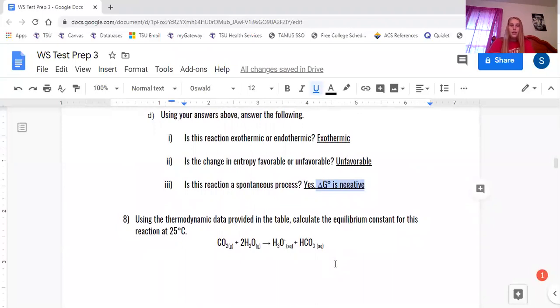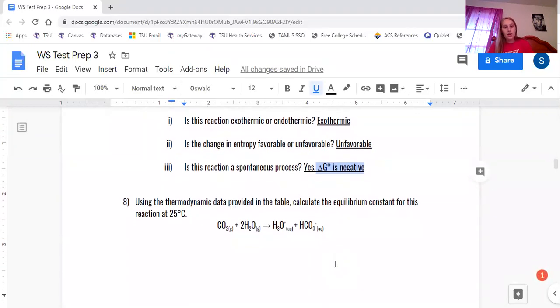Okay. Using the thermodynamic data provided in the table, calculate the equilibrium constant for the reaction at 25 degrees Celsius. So they gave us this. So try and find the equilibrium constant. All right.